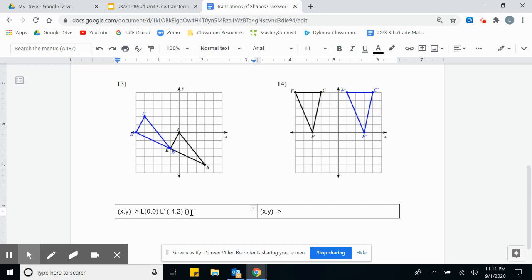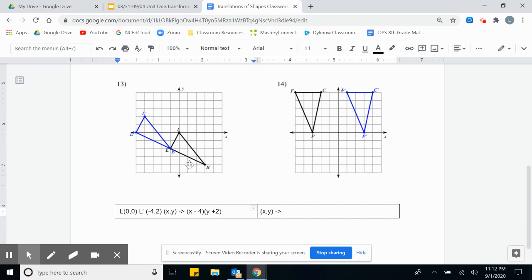From here, we can see that the rule attached to it is going to be x is going back 4 for every unit, and y is going positive up 2 units.